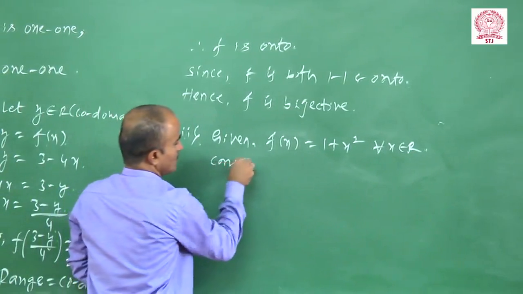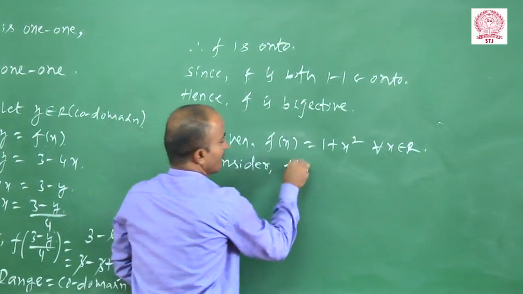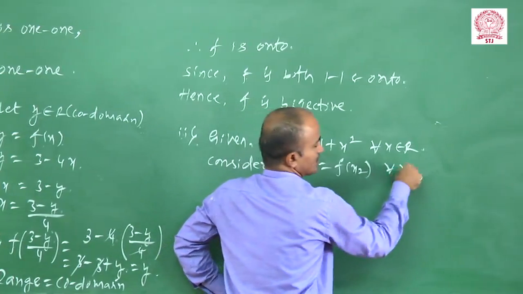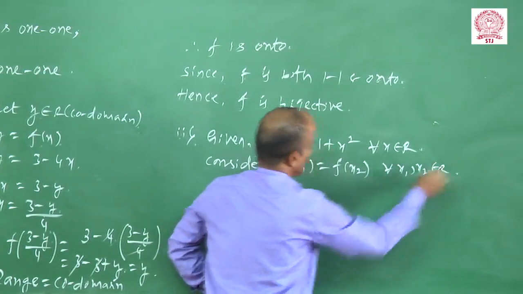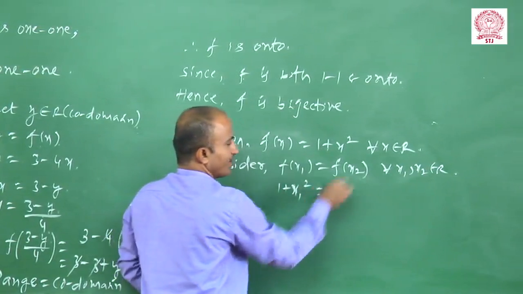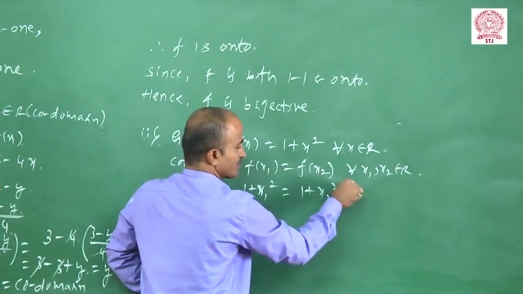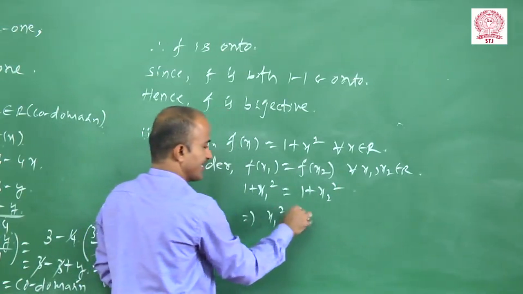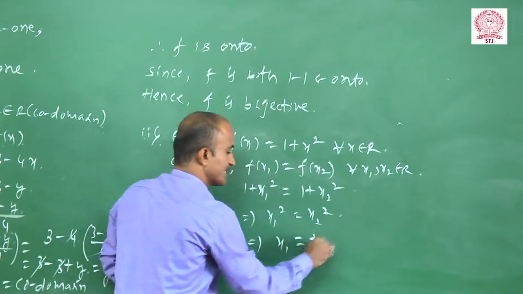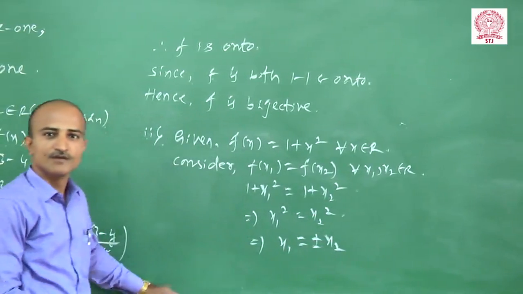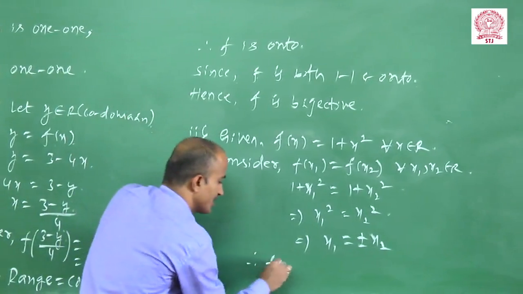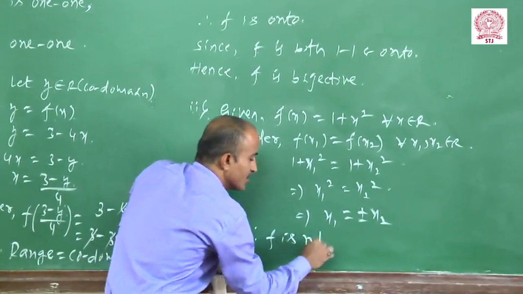Consider f of x1 equals f of x2, where x1, x2 belongs to domain, where f of x1 is 1 plus x1 square and f of x2 is 1 plus x2 square. Simplify: x1 square equals x2 square. Since it is the set of real numbers, x1 equals plus or minus x2, means not satisfying the condition of 1 to 1. Therefore, f is not 1 to 1.